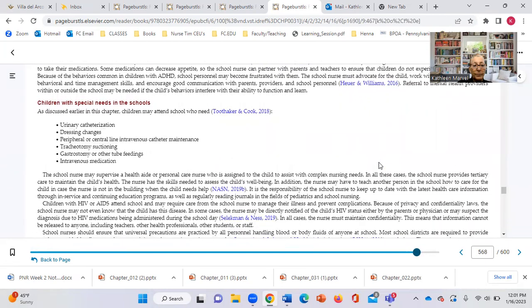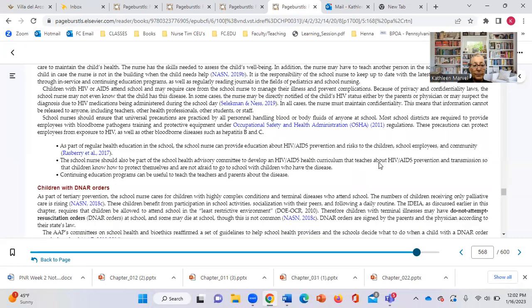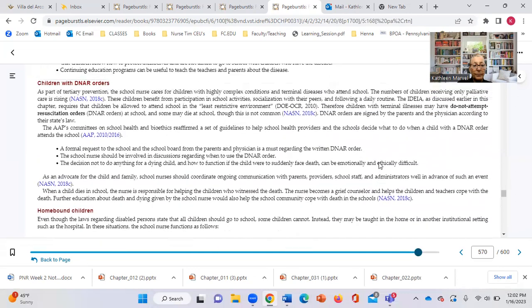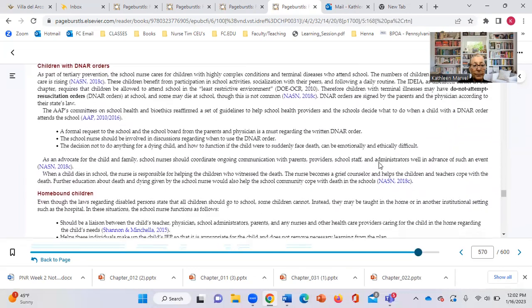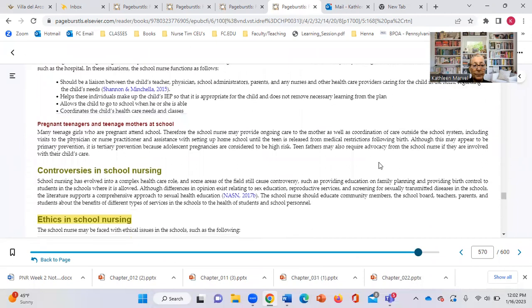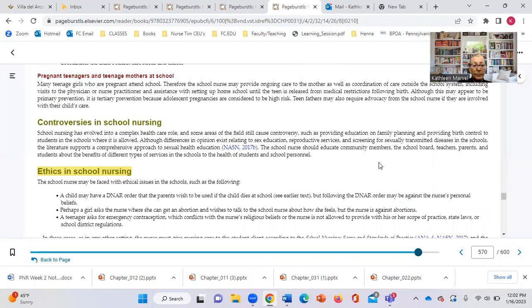You might be dealing with kids that need procedures performed at school, such as catheterizations, dressing changes, trach care, trach suctioning, and G-tube feedings. Kids with DNRs in the schools, kids that are homebound, maybe pregnant teenagers, teenage mothers at school.